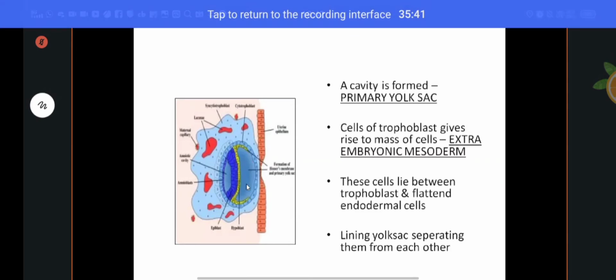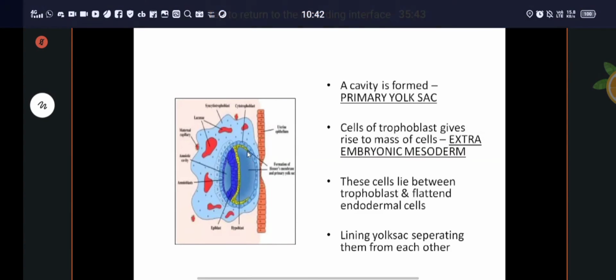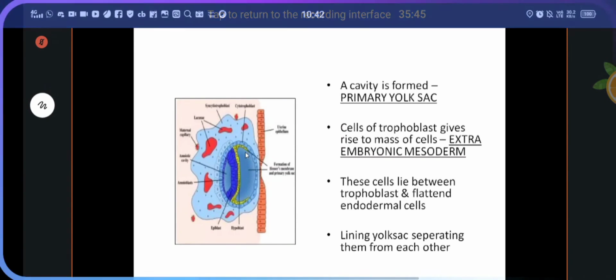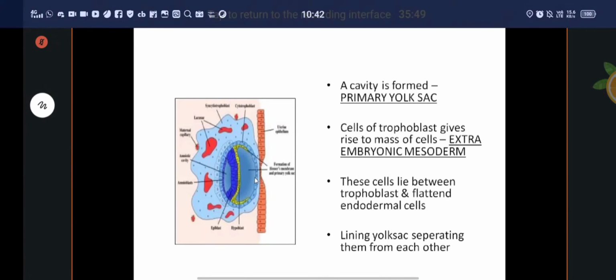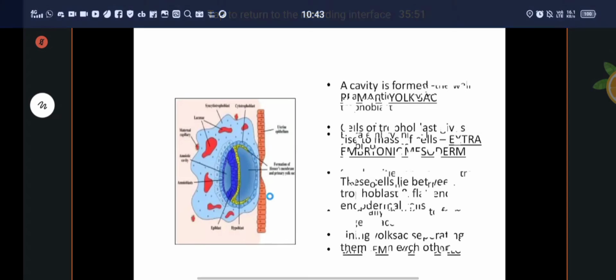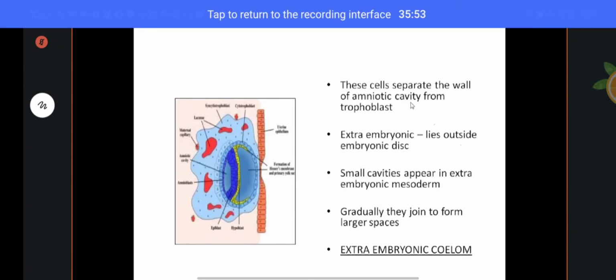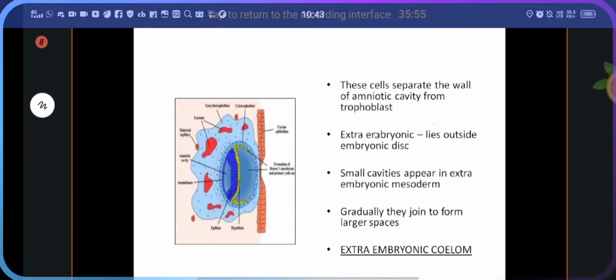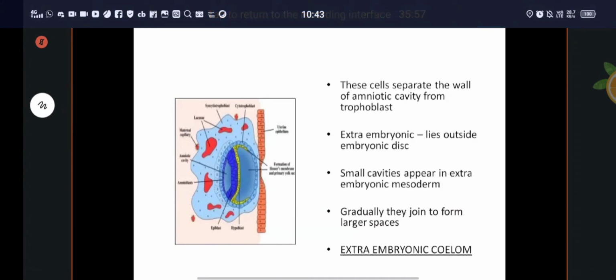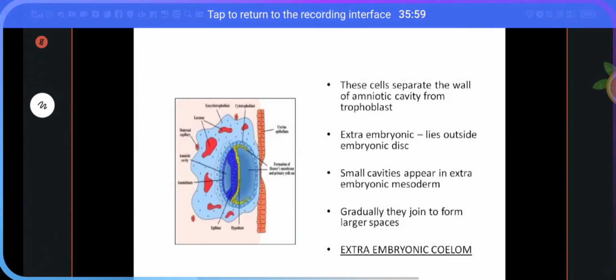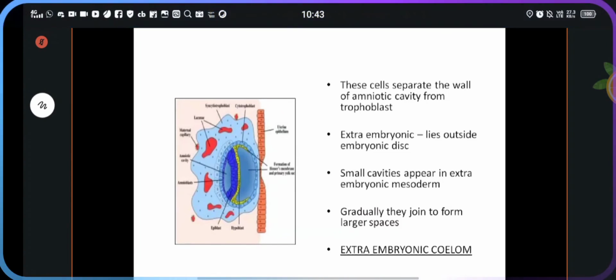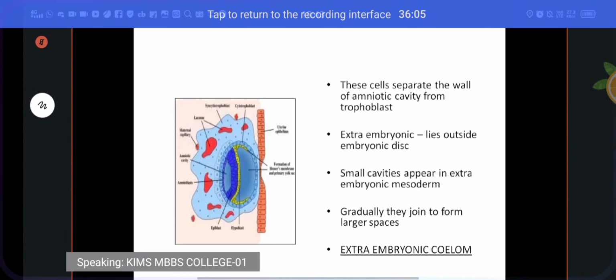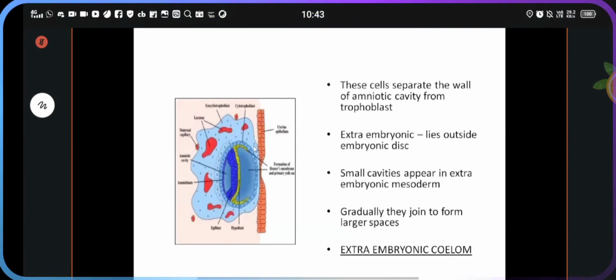These cells lie between the trophoblast and the flattened endodermal cells called Heuser's membrane. The lining yolk sac separates them from each other. These cells separate the wall of the amniotic cavity from the trophoblast, and lie outside the embryonic disc.